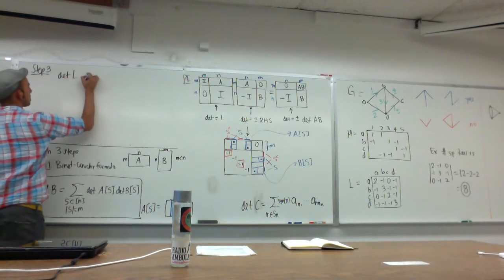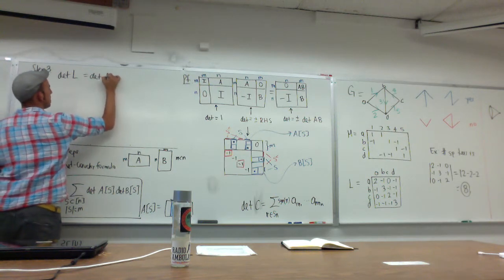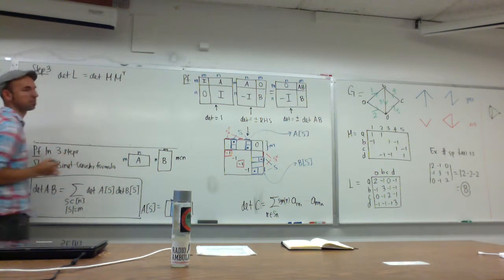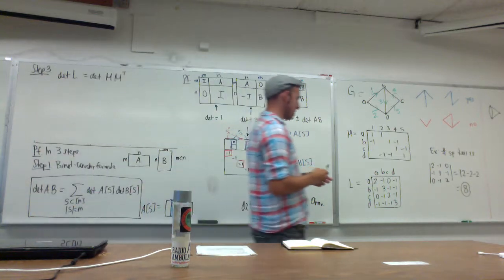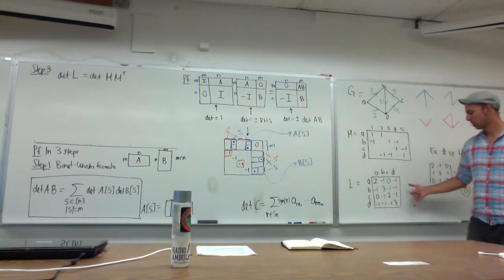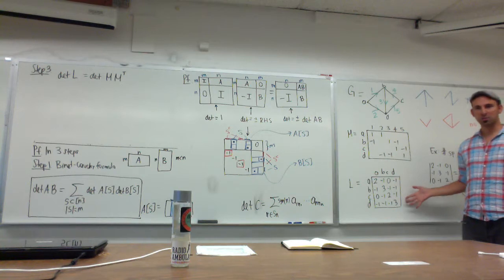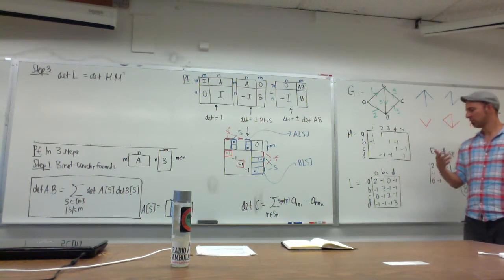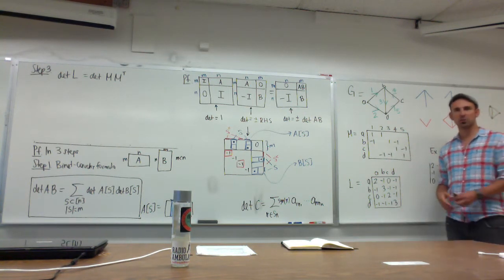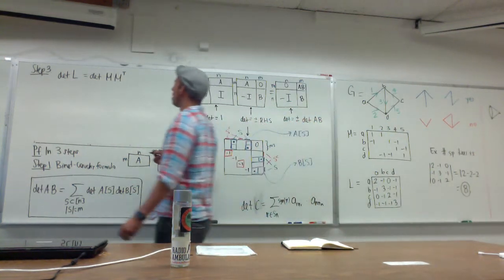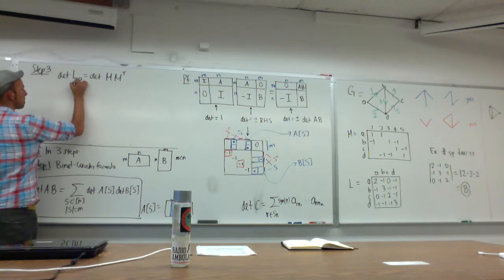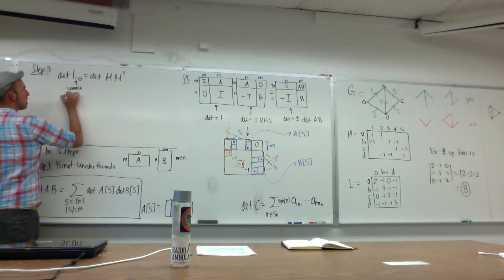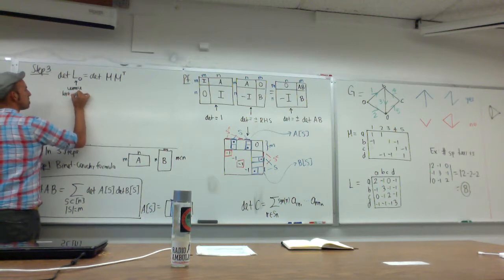The determinant of the Laplacian, which is the determinant of M times M transpose. Now, that's not quite right, because remember that the Laplacian is singular, so the determinant is 0, and so I had to remove, let's say the last row and the last column. So here we remove last row, last column.